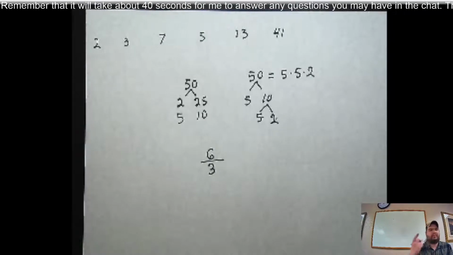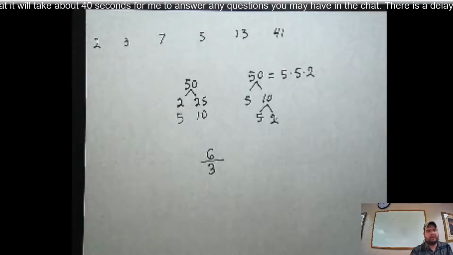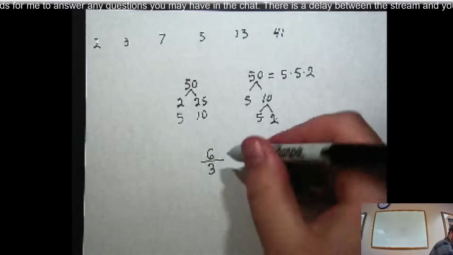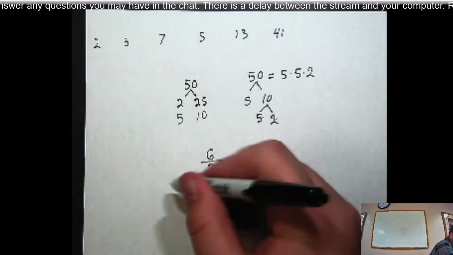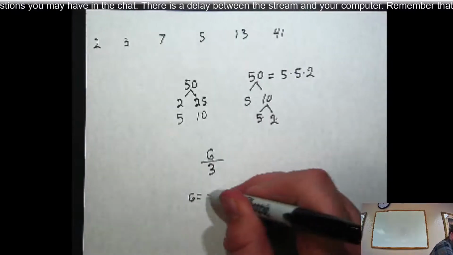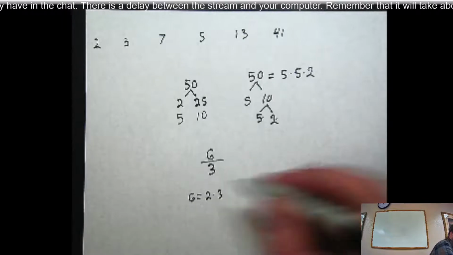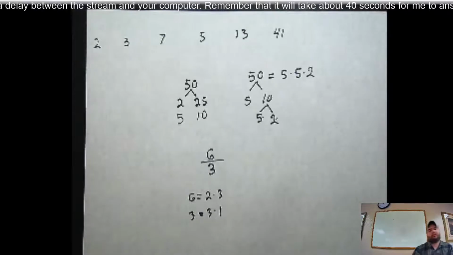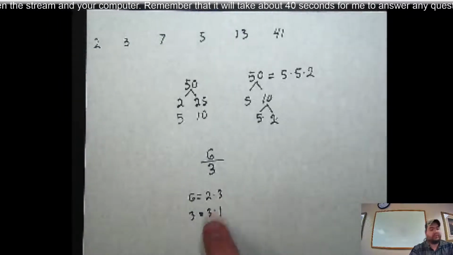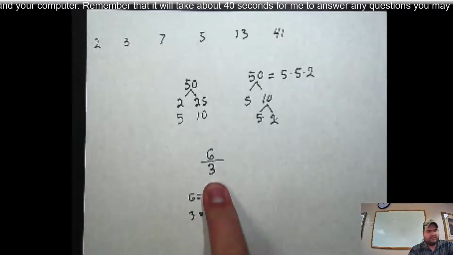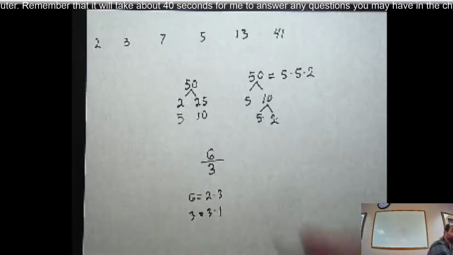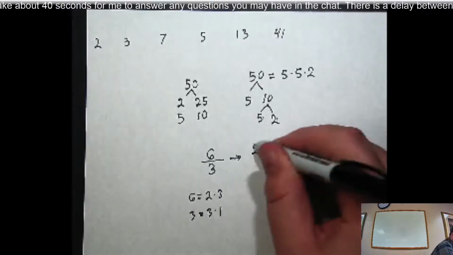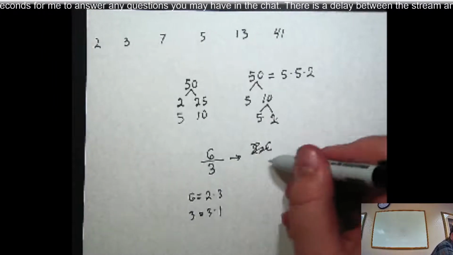However, I happen to know that 6 and 3 share a common factor. So 6 is 2 times 3, and 3 is a prime number. You could say that it's 3 times 1, but they both share that 3. So what we can do here is we can say, well, since they both share that 3, in other words, whoops, let's try that again.